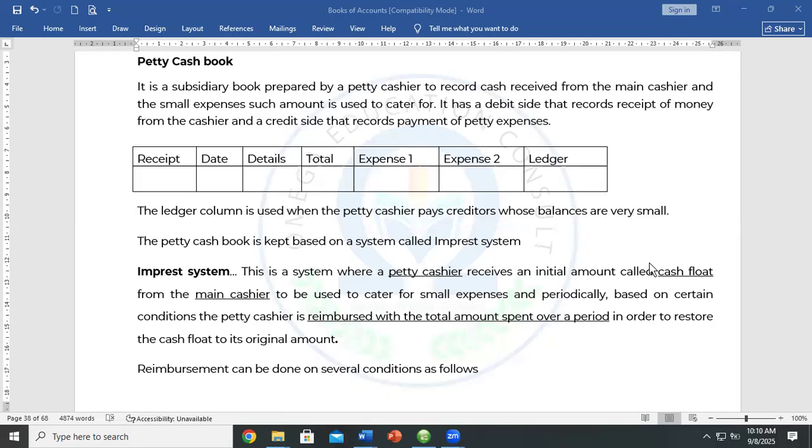So when you spend, you only ask the main cashier to give you back what you have spent. It's like a cyclical system.